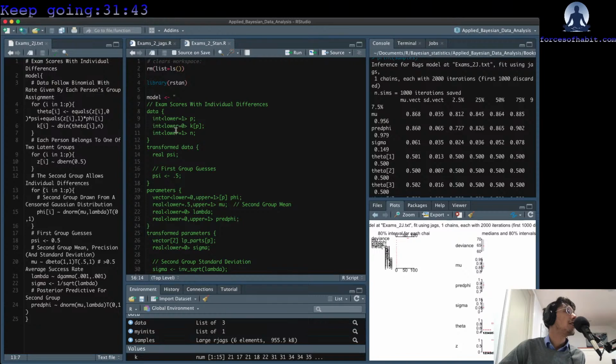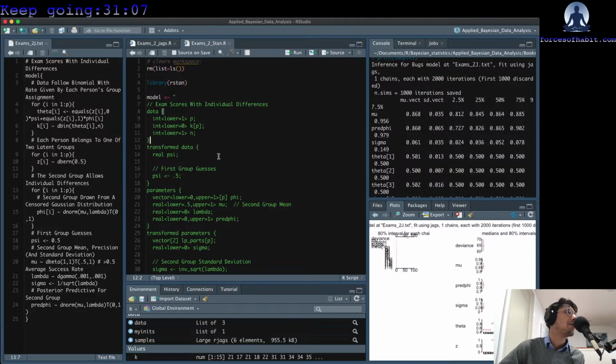So in this case, the data are from exam scores, right? The number of individual persons has to have a lower bound of 1. So we need at least one person in our sample, and then a lower bound of 0 in terms of the number of successes a given person can have, and then a lower bound of 1 for the number of questions.